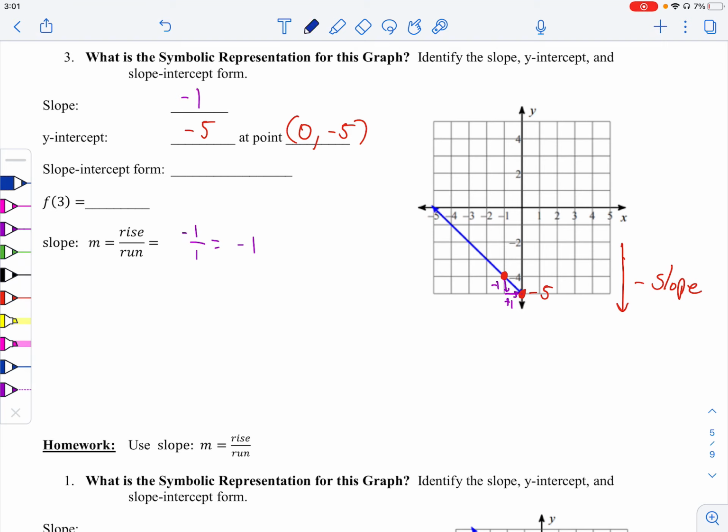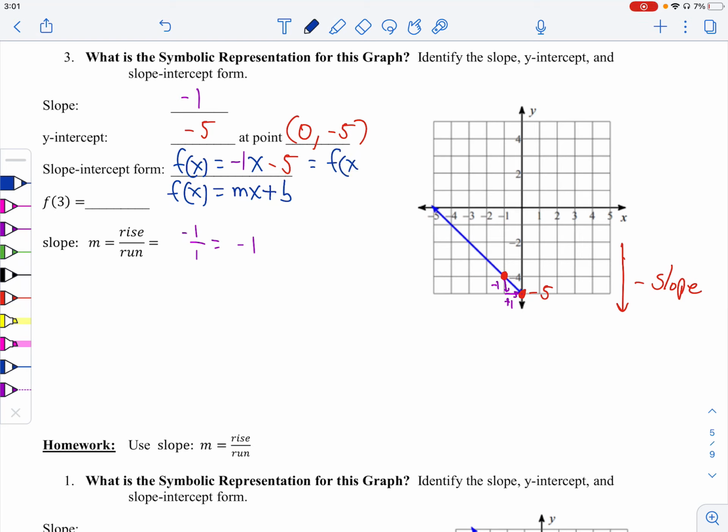I'm going to write it in slope-intercept form. f of x equals mx plus b. So f of x equals something x. And we're going to figure out what is m. We got that. It's negative 1. So negative 1x. Our y-intercept is negative 5 right there. So f of x equals negative 1x minus 5. You could simplify that because negative 1 times x is just negative x.